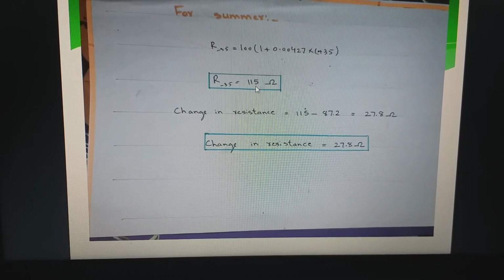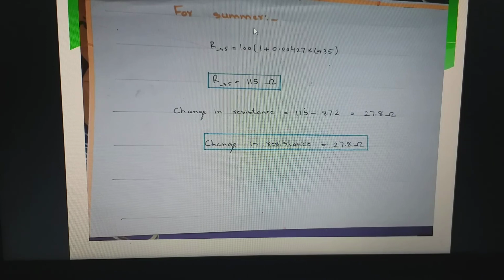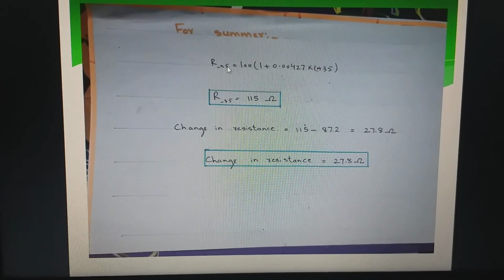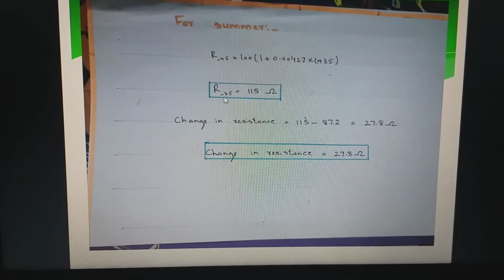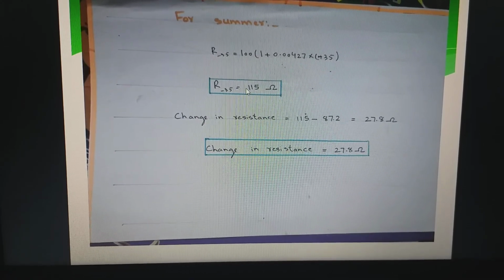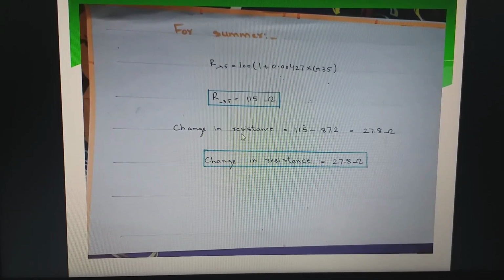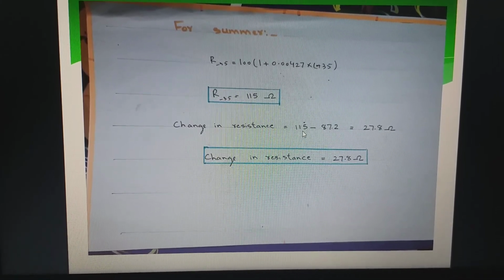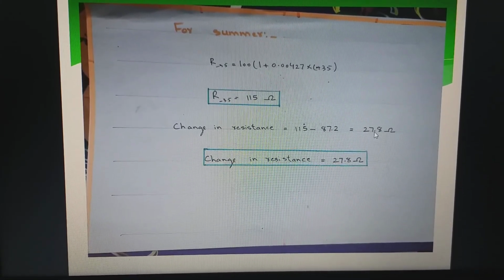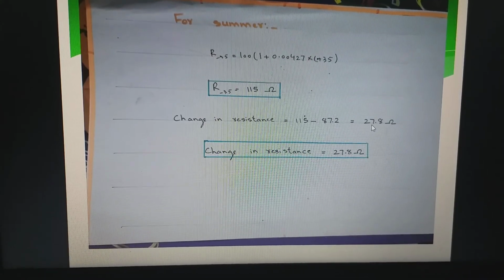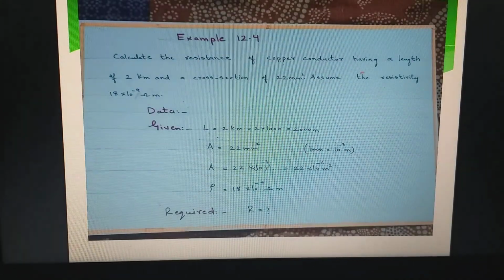It would be 115 ohms because this is summer. After putting these values, subtract them because we have to find the change in resistance. So 115 minus 87.2, what comes? 27.2 ohms. This is the change in resistance.